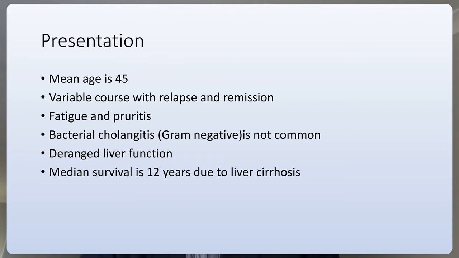And the disease itself tends to run a very variable course from mild disease to a severe form of inflammatory problem with relapses and remissions. Patients often have a variety of symptoms that include weight loss, fatigue, pruritus, lack of appetite, nausea, and so forth.